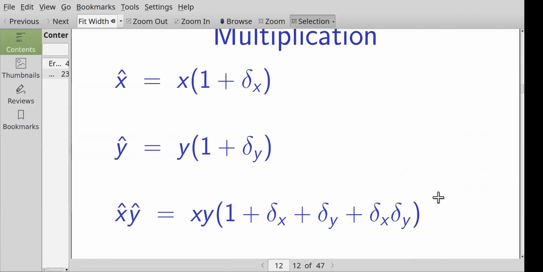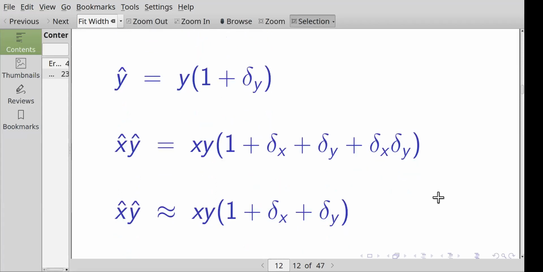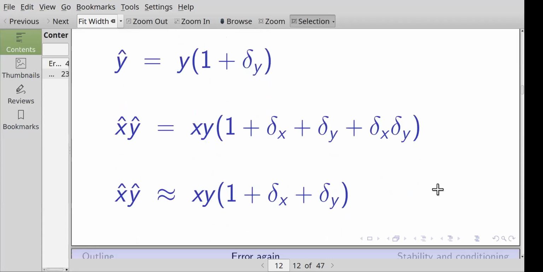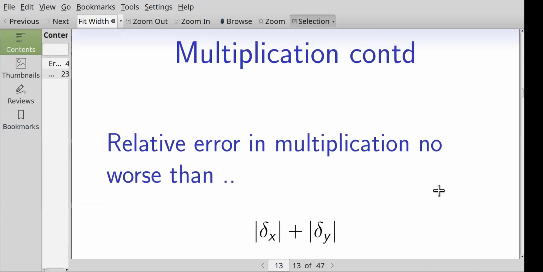If I multiply the two of them together, this is the result. And then we drop the terms beyond the first order in the error. And so the result is that the relative errors basically add.